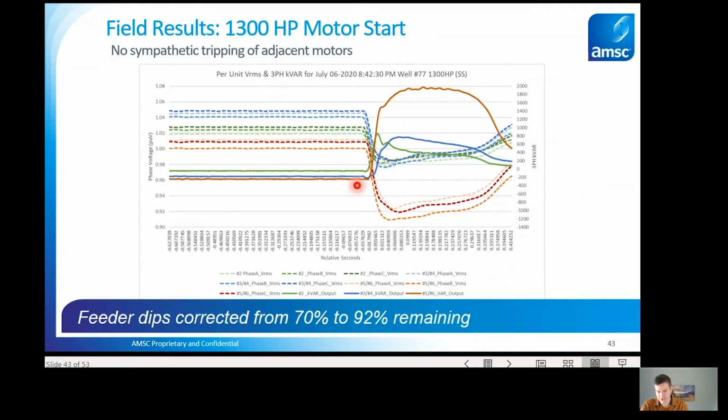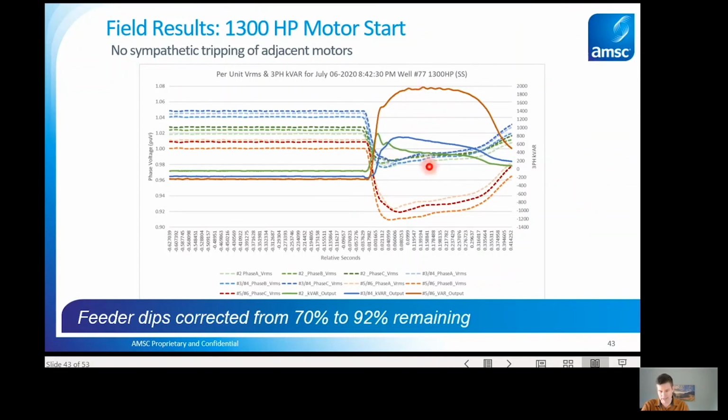And now this is showing a motor starting event from a large motor and how all the VVOs are responding. So the dotted lines are the voltage dip on the medium voltage side, and the solid lines are the VAR injection of the different StatComs. And you're seeing a variation in the VAR injection of the StatComs because the StatComs that are nearest the motor that's starting are the ones that are putting out naturally the most VARs to compensate.